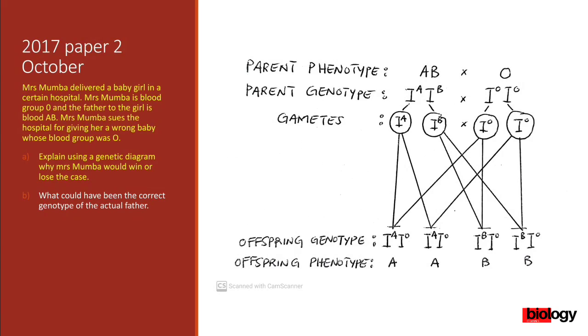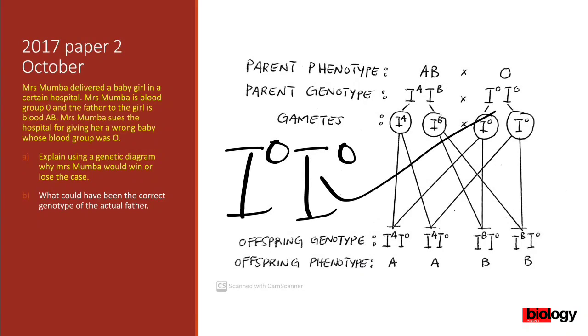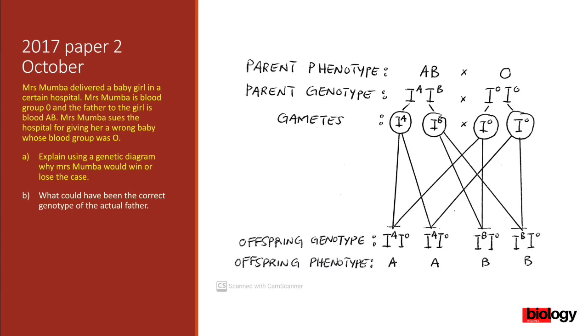Again, if this father was blood group O, then if the alleles cross with those for Mrs. Mumba, then we are going to have an offspring that has got blood group O again. Okay, so those are the possible genotypes for the actual father of the child: blood group A heterozygous, blood group B heterozygous, or blood group O. So those are the answers to these questions.